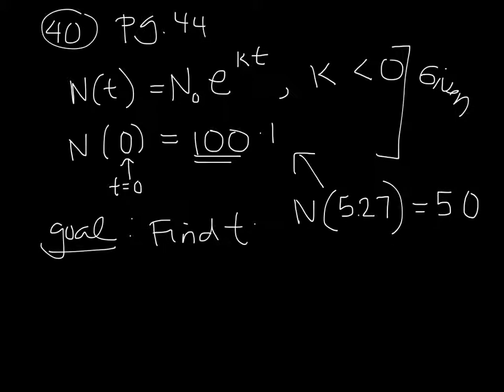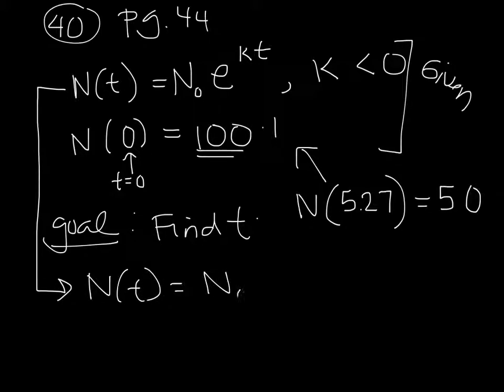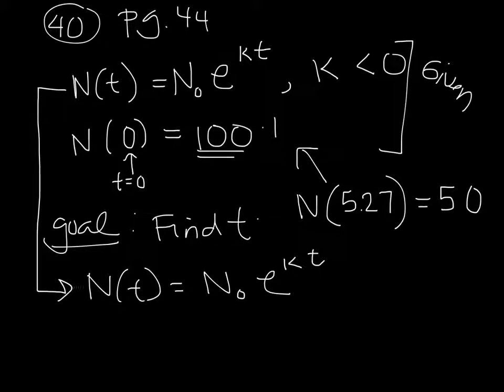Okay, so let's start solving this. Let's go back to our model, our exponential decay model. Let me write it again here. N of t equals N naught e to the kt. And we know this information, so N of 5.27 should give me 50.